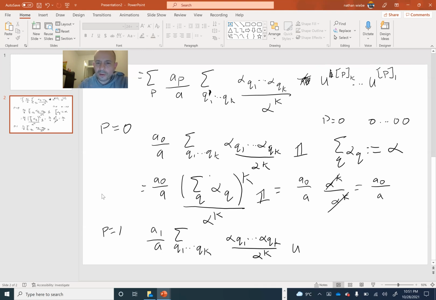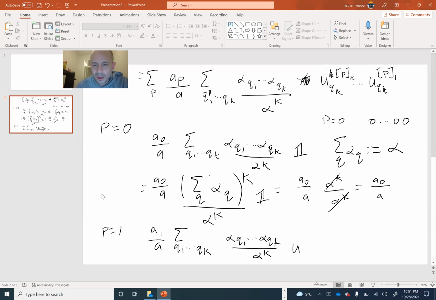So all of these are basically going to end up contracting with, oh, sorry, I forgot to index them. This is like uq1 through uqk, or uqk through uq1, right? I forgot the unitaries have indices. Sorry about that.